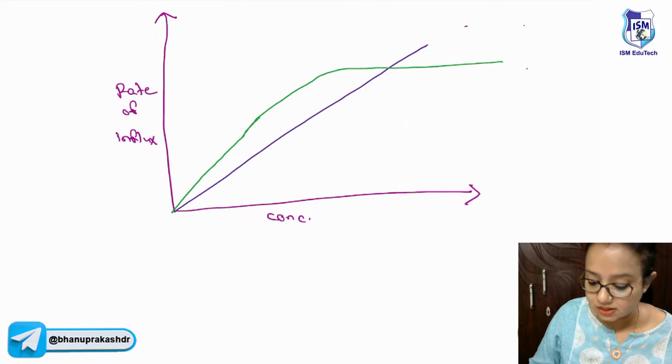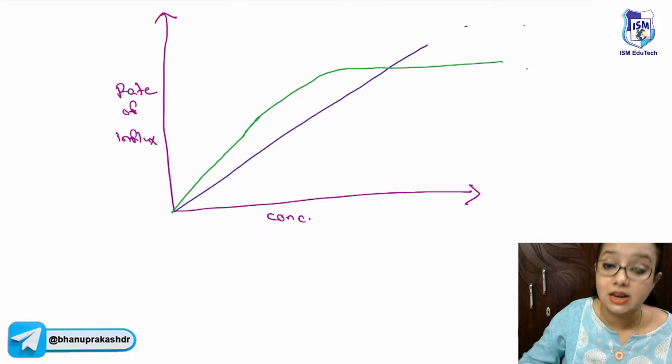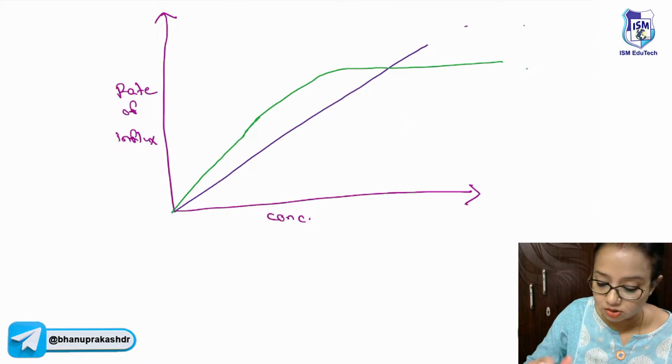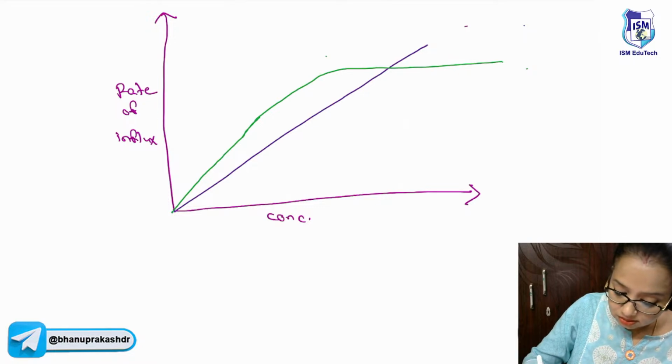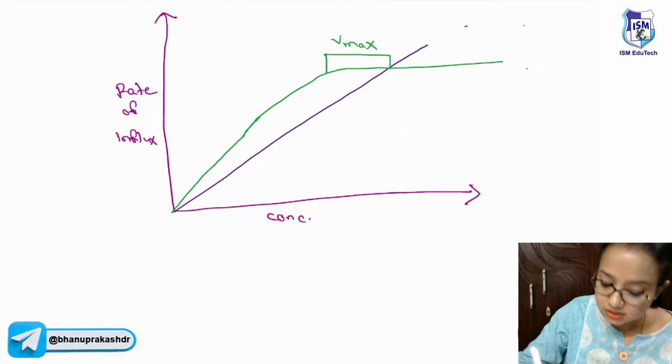But after a certain point, facilitated diffusion levels off. It goes to a plateau stage. And this plateau stage, from the beginning till the time it stabilizes, is called the Vmax. Why is this so?